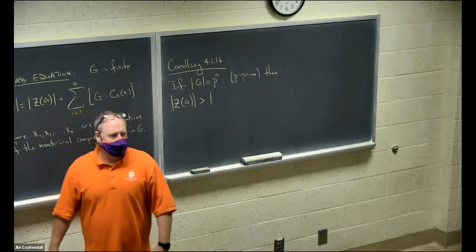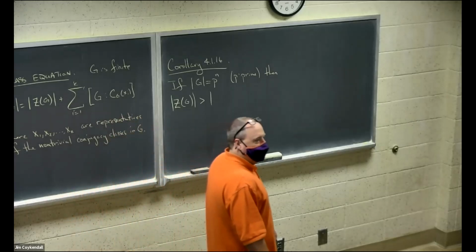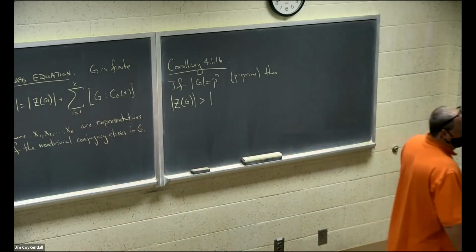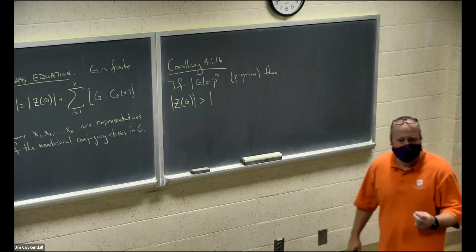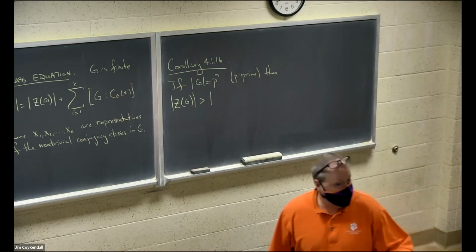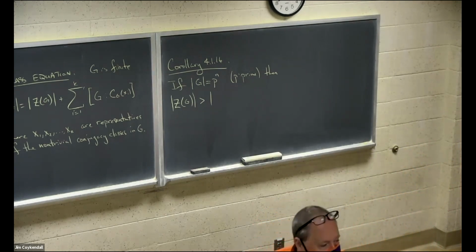This is an amazing theorem, because what it says is that if you have a group of order p to the n, then it's always got something in the center other than the identity, because that's a strict inequality. So that means if you have any group of order p to the n, there's at least one thing that commutes with everything.